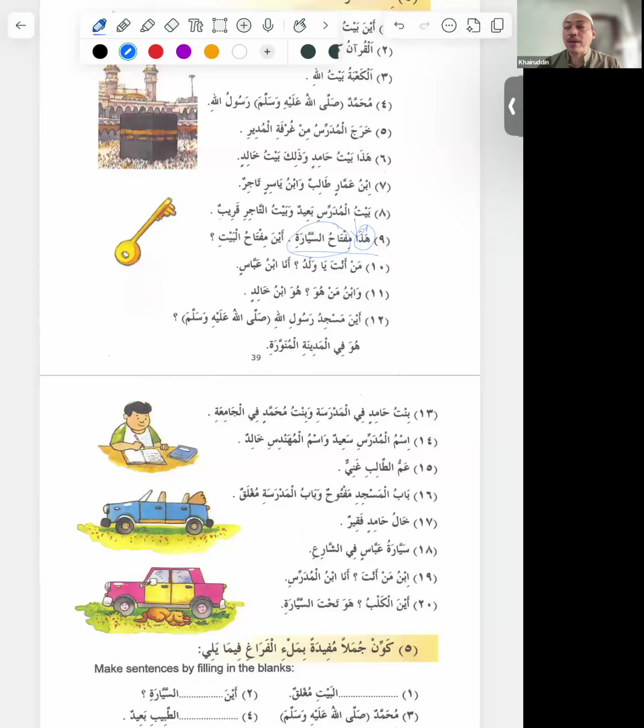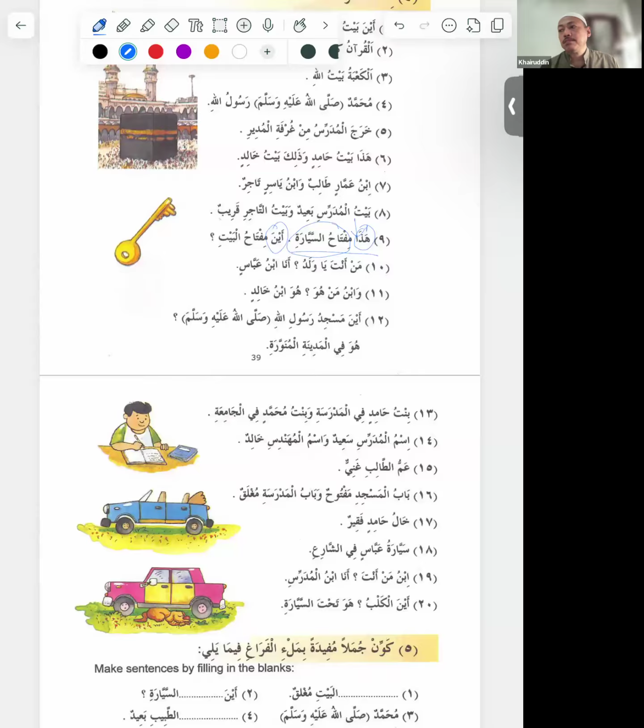Where is the key of the house? So Aina is an interrogation, istifham, which means we want to understand something. Aina miftahul bayti. Where is the key of the house?